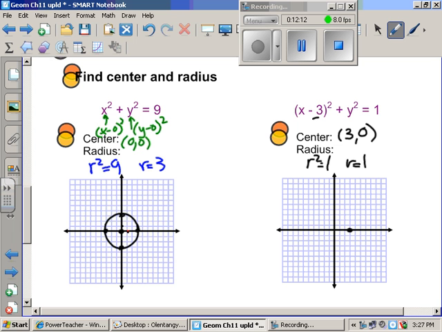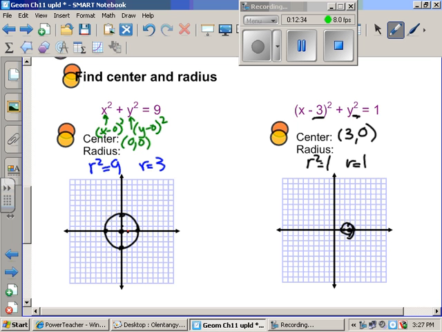This is h, and there's k, which is 0. The radius is 1, so it's going to go up 1, over 1, down 1, and right 1, because those are my four easiest points to count.